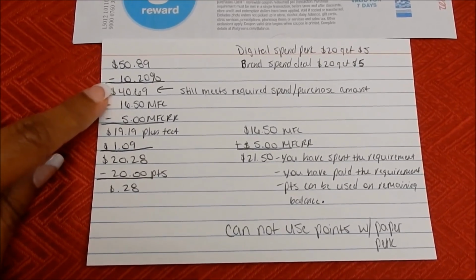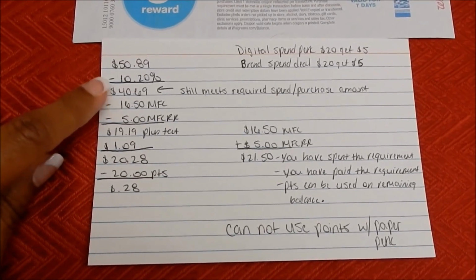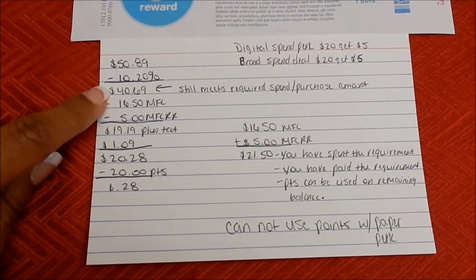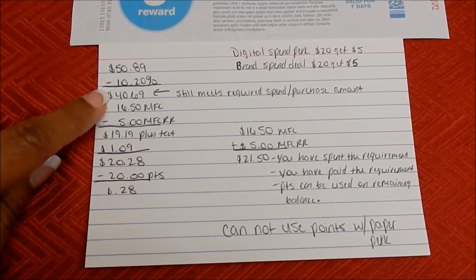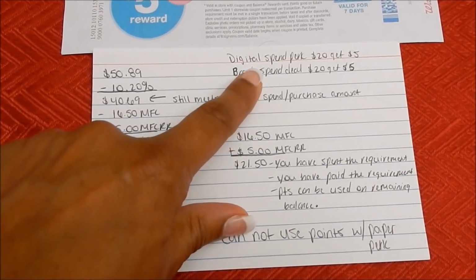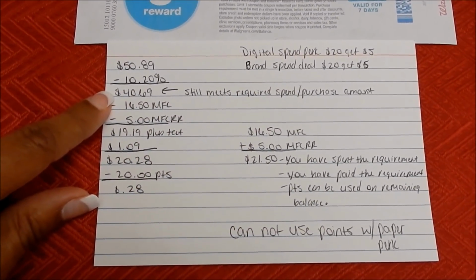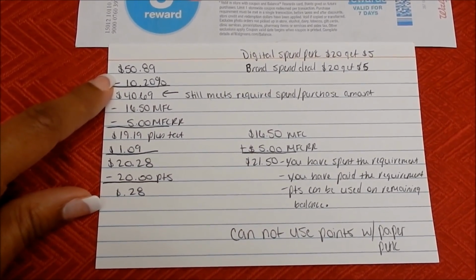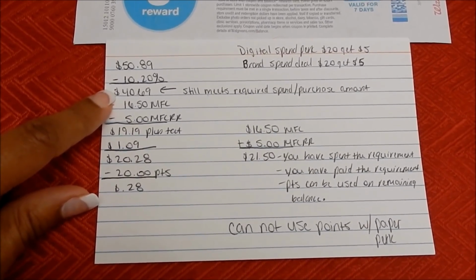So our new total is $40.69. We still meet the required spend or purchase amount for the deal and the perk. Again, spend 20, get 5. We're at $40.69 after the percentage off coupon is applied. So we're still good to go.